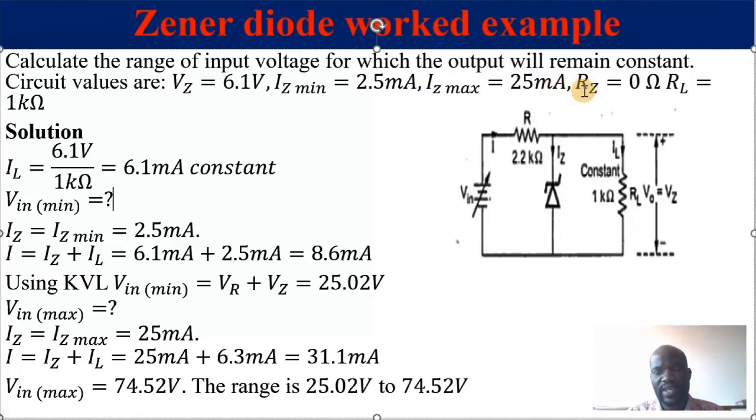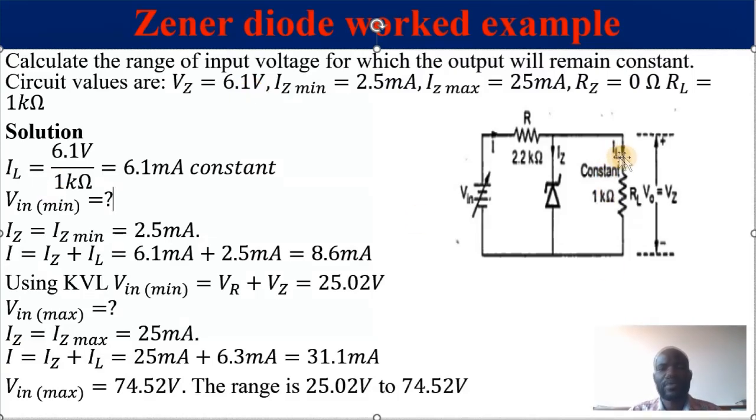We are assuming a Zener resistance of 0, and we are given our RL according to our circuit diagram as 1K. So the first thing that we can do is to calculate IL. Since we are given Vz, it means that IL is equal to 6.1 volts divided by 1K, which is this value.